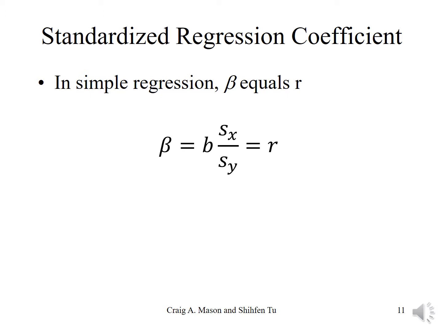In addition to being kind of cool, it also means that all of the things that influence the size of the correlation coefficient, like how we sample our participants, will also influence the standardized regression coefficient. So just keep that in mind when designing your study and when interpreting standardized betas.